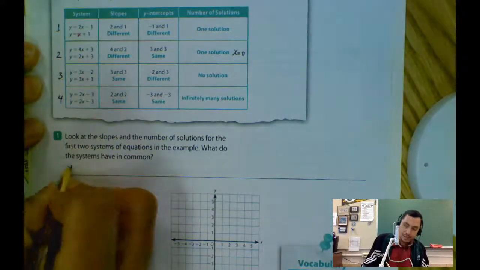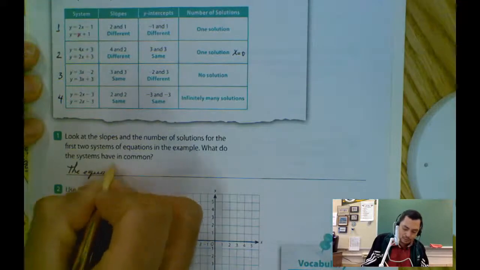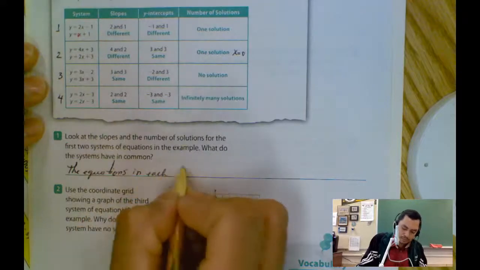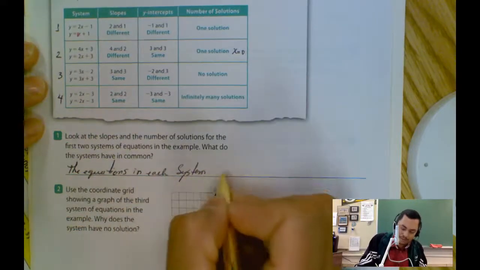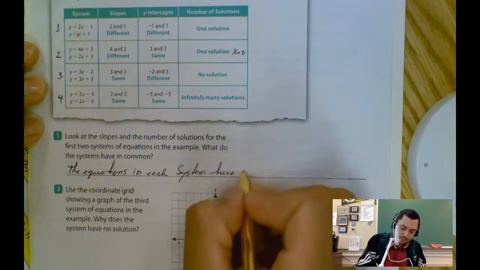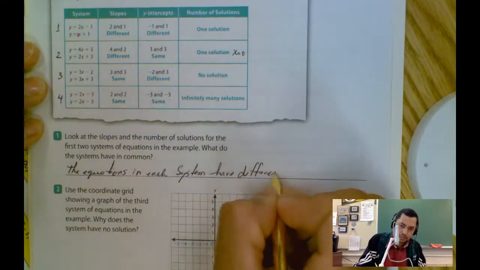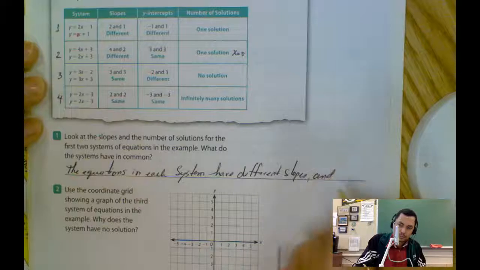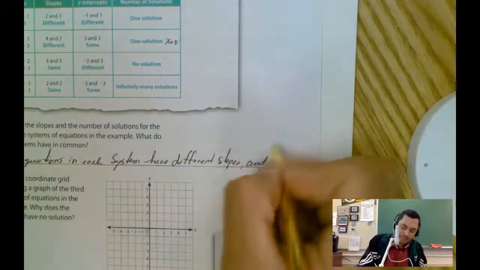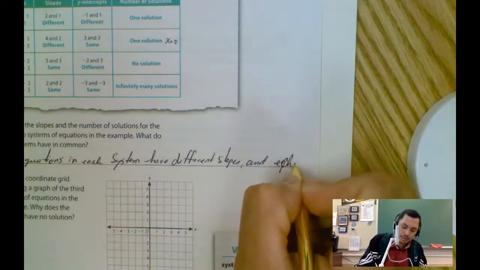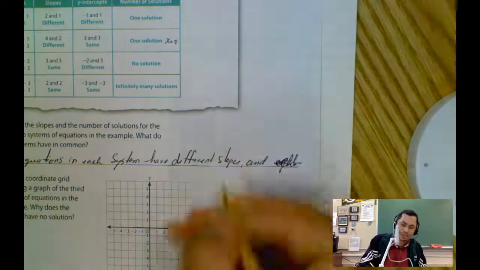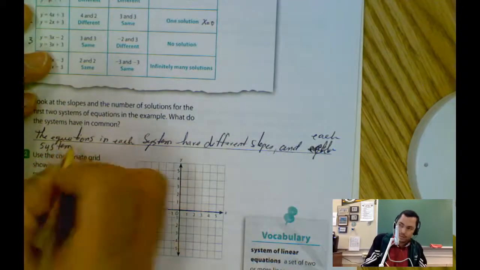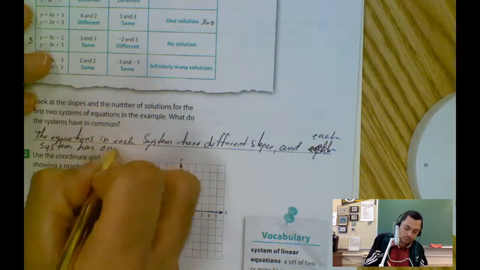So in this case, the equations in each system have different slopes, and each system has one solution.